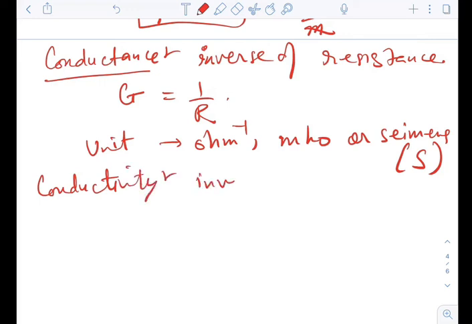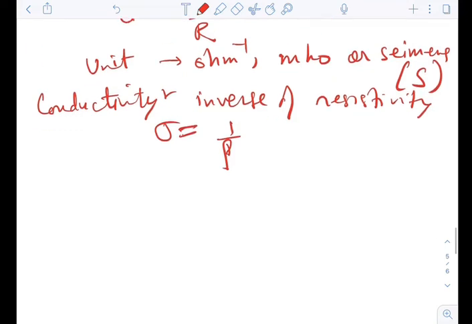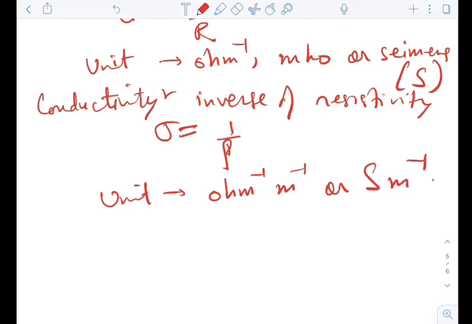Conductivity is the inverse of resistivity: sigma equals 1 upon rho. Its unit is either ohm inverse meter inverse, or Siemens per meter.